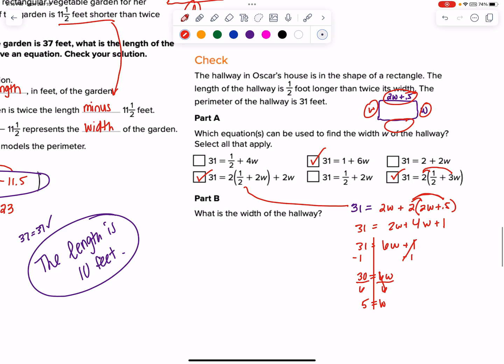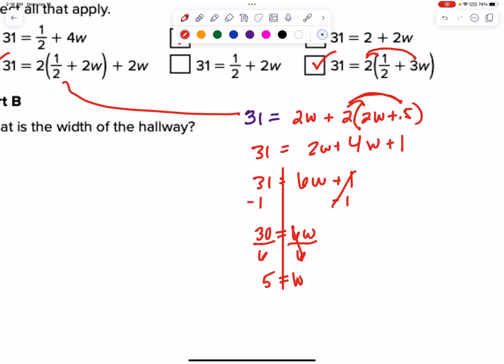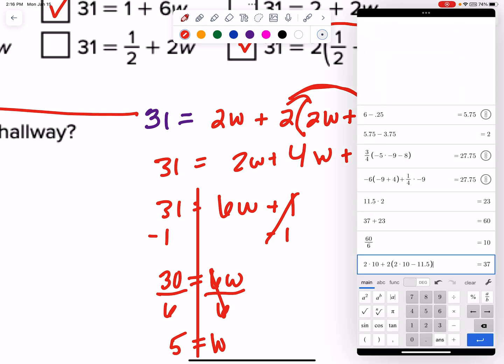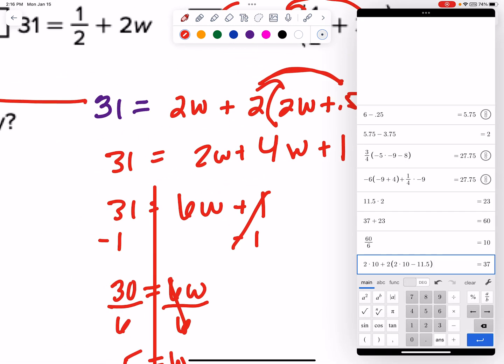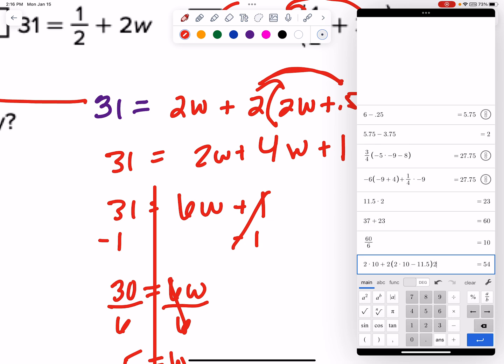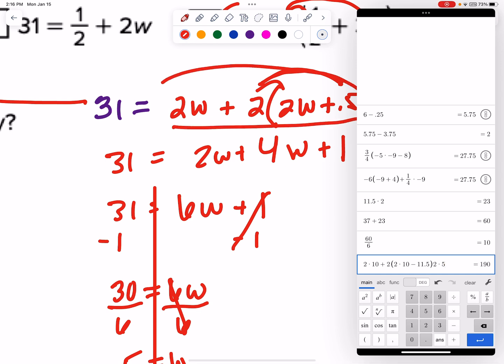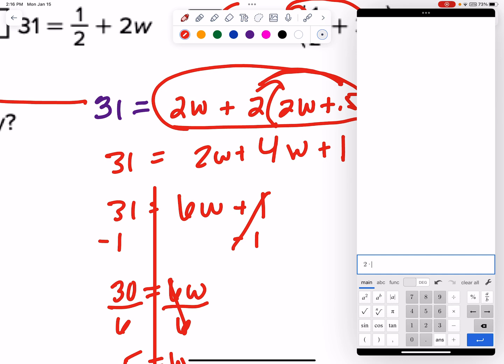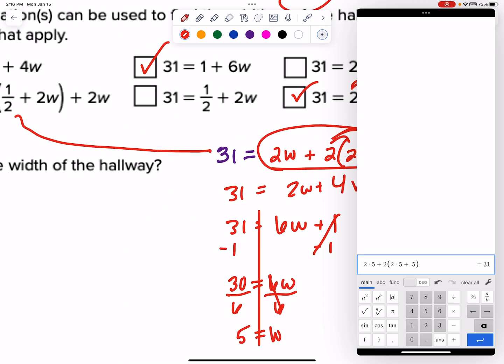Let's go ahead and check and make sure that that is accurate. So we'll plug this into our original equation here. 2 times 5 plus 2 times the quantity of 2 times 5 plus 0.5, close parentheses, is 31.